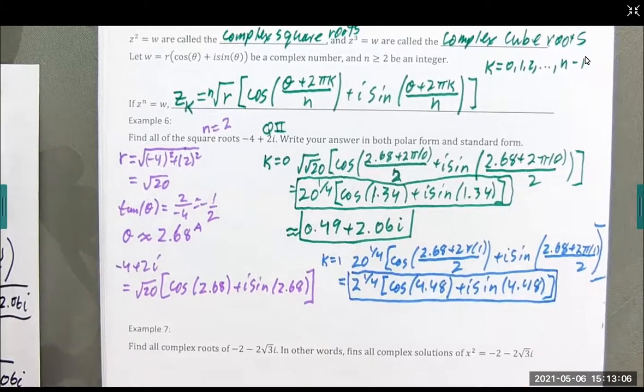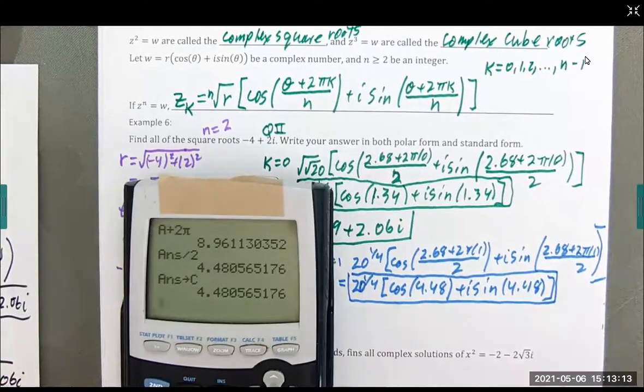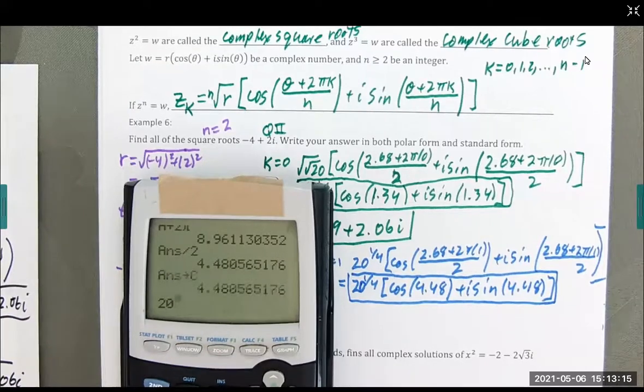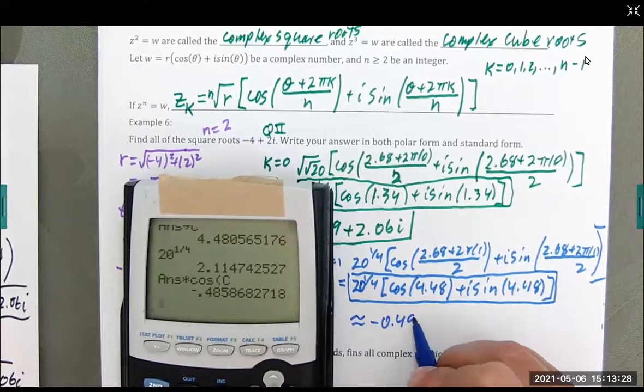Now we'll get it in standard form. So I'm going to go 20 raised to the 1/4 power times the cosine of C. And this is going to give me negative 0.49. You'll see a similarity.